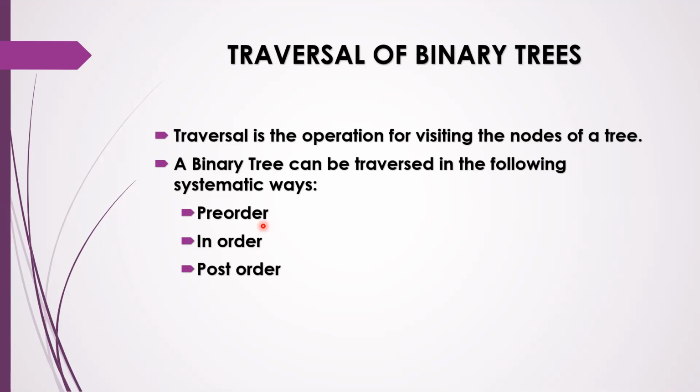Second, the left child is visited first, followed by the root and the right child. This left, root, right ordering of nodes is referred to as in-order traversal. And the third way is left, right, and root. That approach is known as post-order.